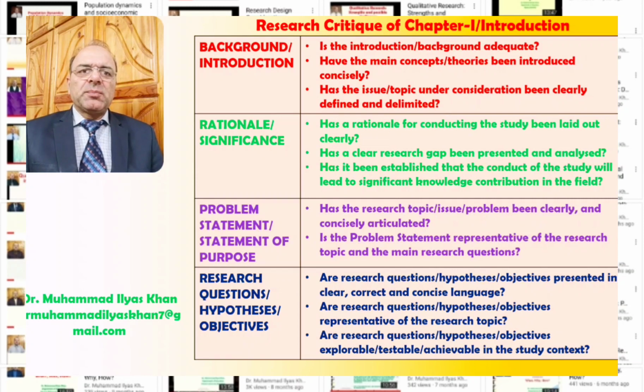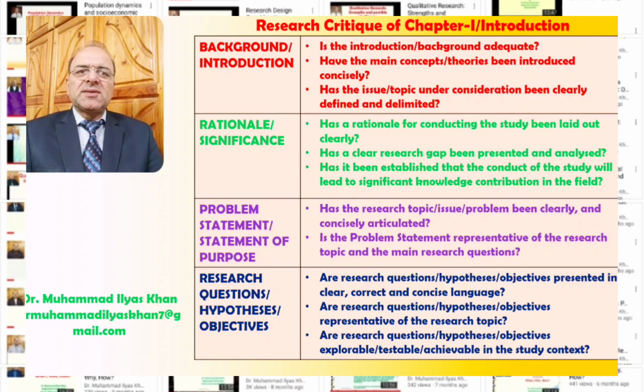Has the research topic or issue or problem been clearly and concisely articulated? This is very important: concise, clear and correct articulation of the research problem. If that is not the case, that actually means there is an issue. Secondly, is the problem statement representative of the research topic and the main research questions?